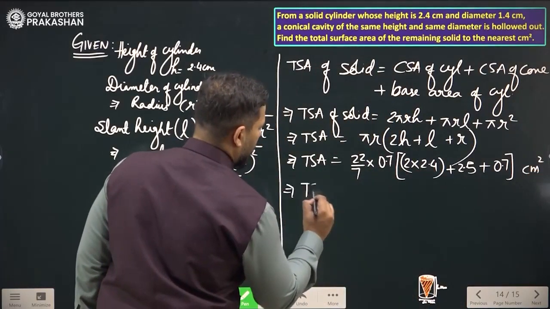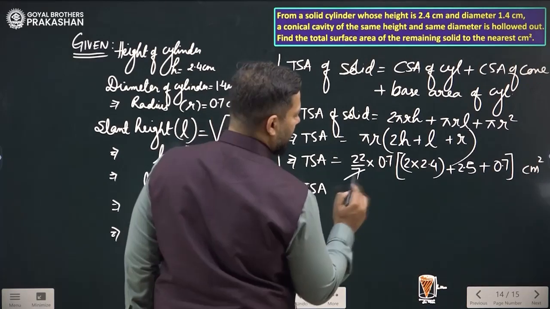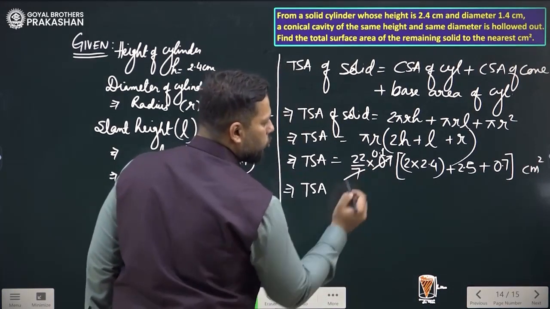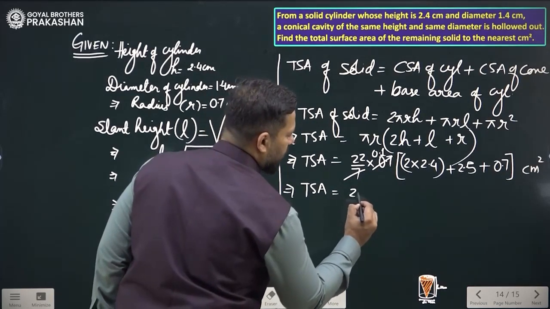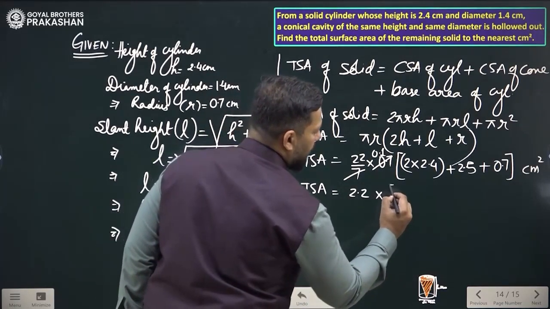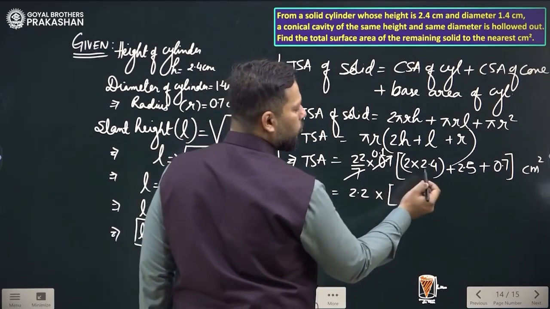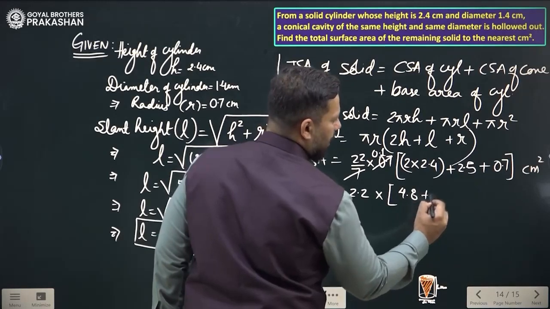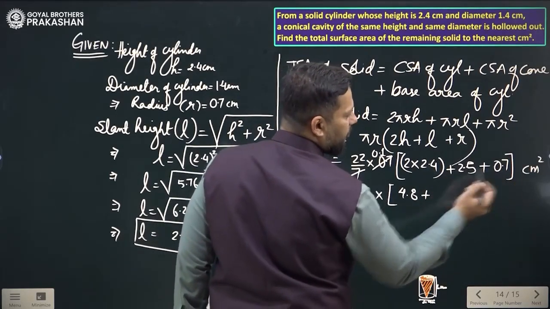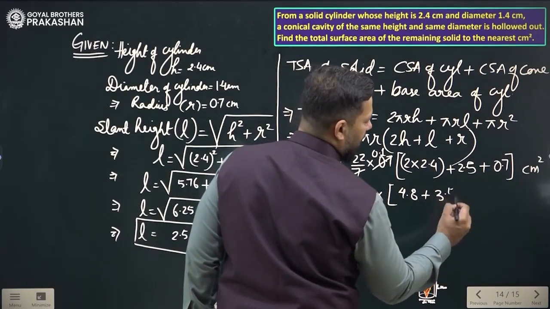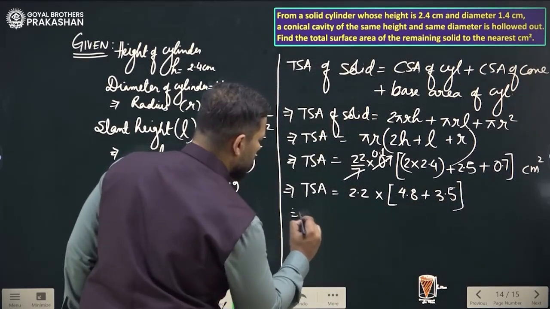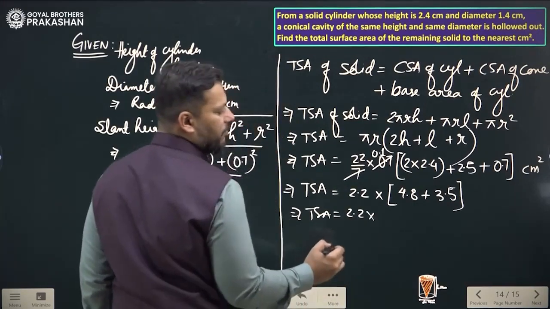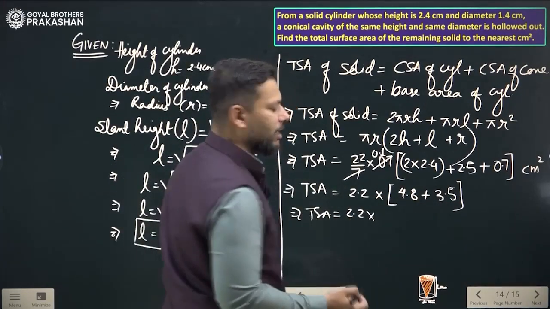So let us solve it. If I cancel this 7 with 0.7, I'll be left with 0.1. So 22 multiplied with 0.1 will give us 2.2, multiplied with, if I multiply 2 with 2.4, I am going to get 4.8, plus 2.5 added with 0.7 will be 3.5. Now the total surface area will be 2.2 multiplied with the sum of 4.8 and 3.5.